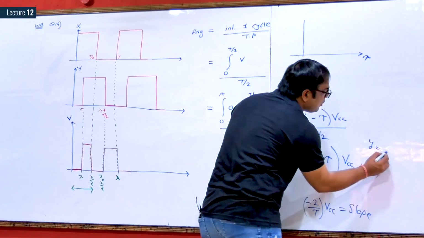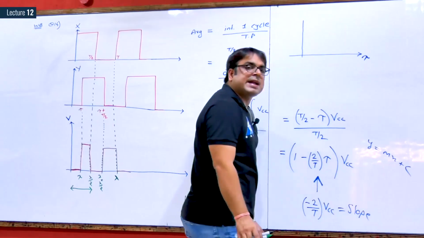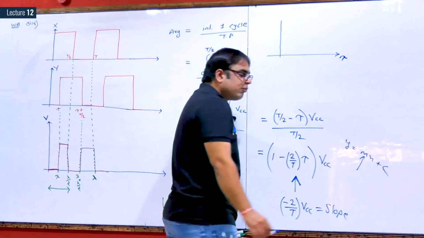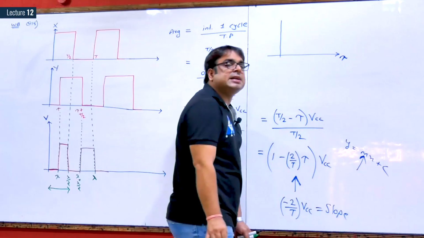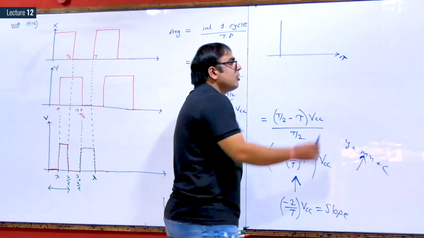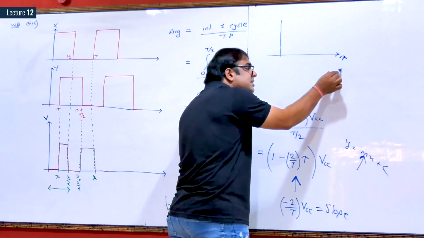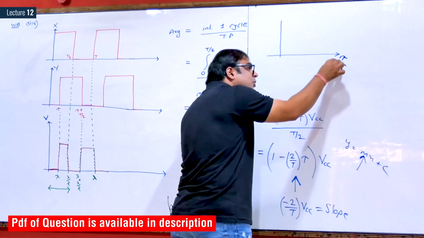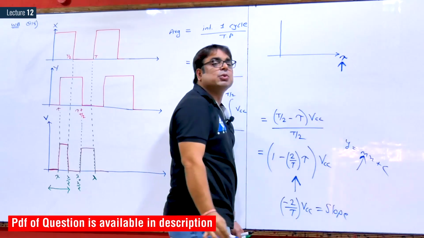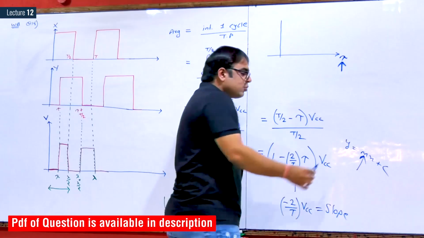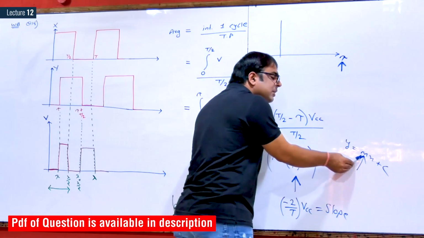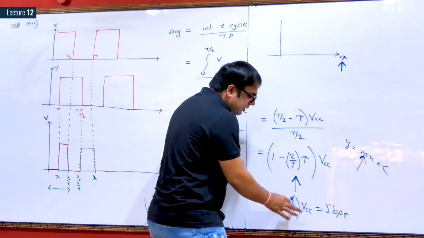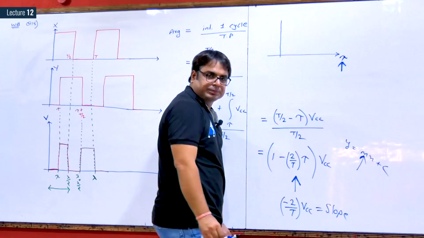Y is equal to mx plus c, the straight line equation. What does the coefficient of x represent? It is your slope. Here your axis is tau. You have to observe this in all four options. If the axis is x, the coefficient of x represents the slope.